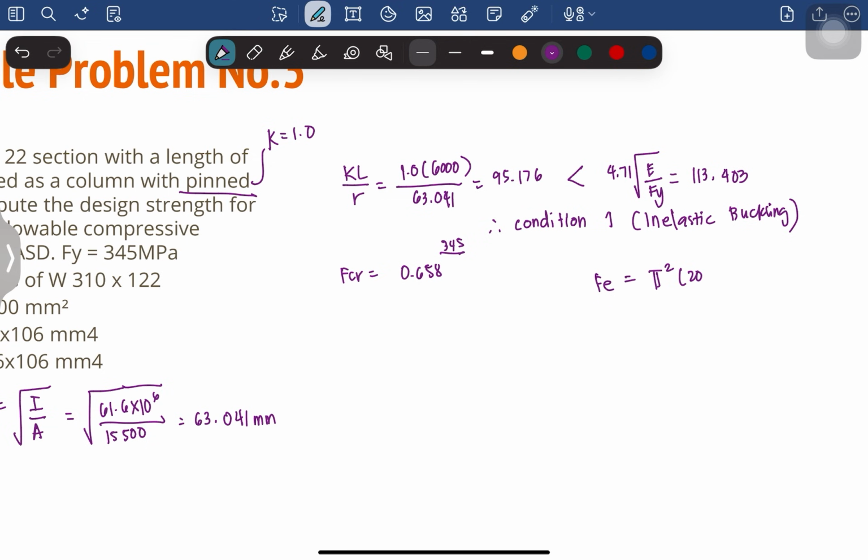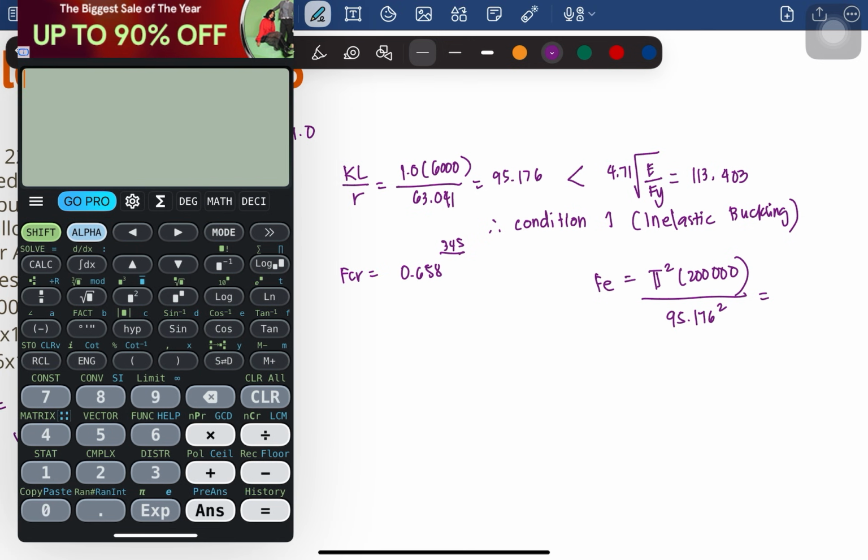Fe is pi squared times 200,000 over the slenderness ratio, 95.176 squared, equal to 217.909 MPa.